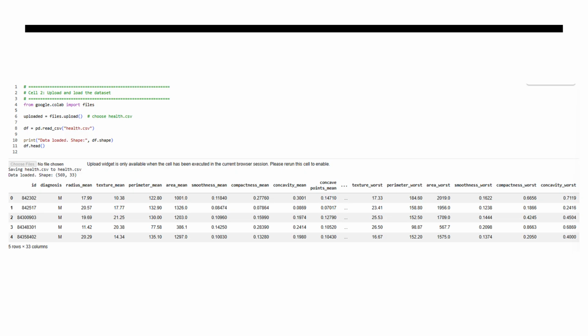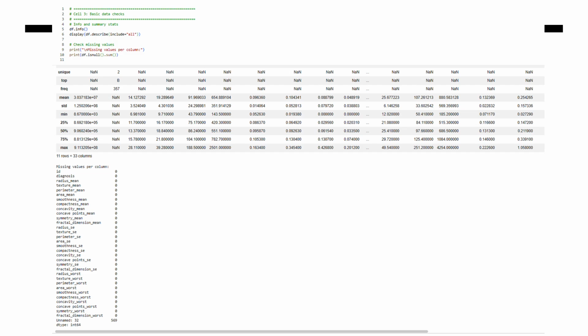This one uploads the data set. Here, in this case, the data set is health.csv. And then we look at the first 5 rows of the data set in order to inspect it.